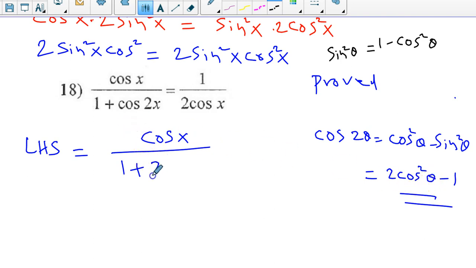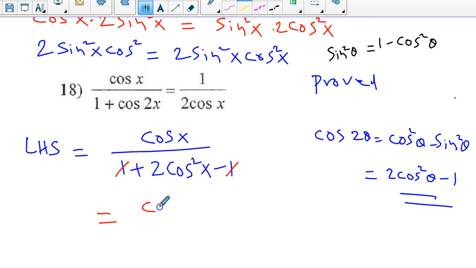So that is what, 2 cosine square x minus 1. Alright, now what next? In the denominator I am seeing a plus 1 and a minus 1. Plus minus 1 cancel off.